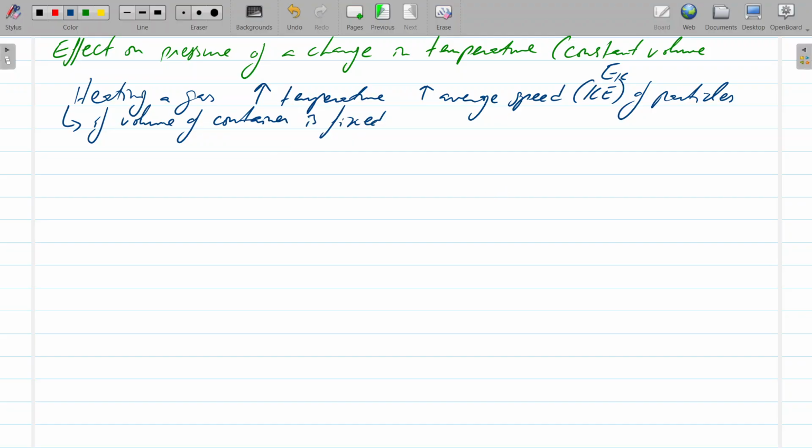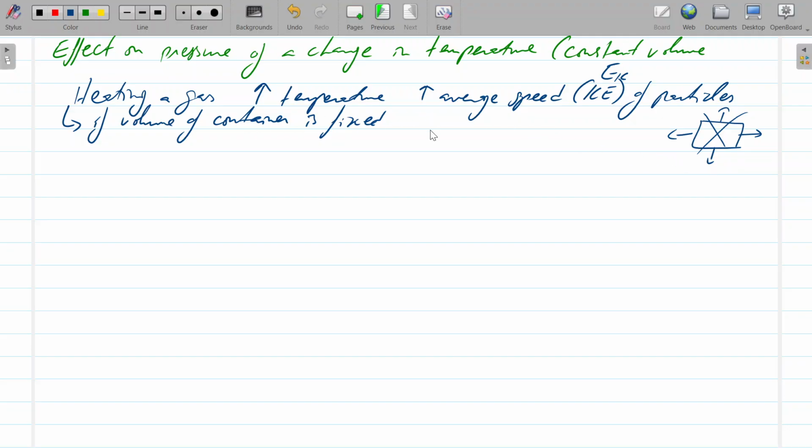It means that you don't have something like a balloon that's going to expand, because if the size of the container is expandable, then the volume will change. And so you don't have that. The volume is fixed.